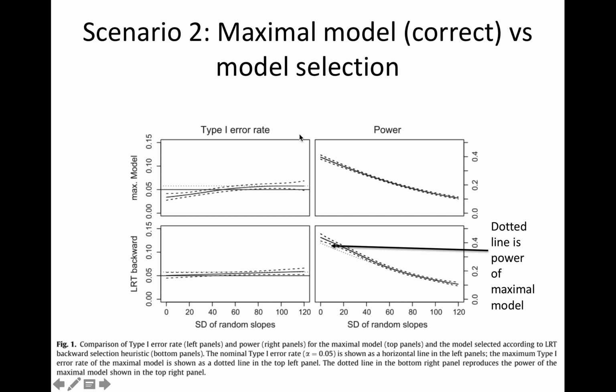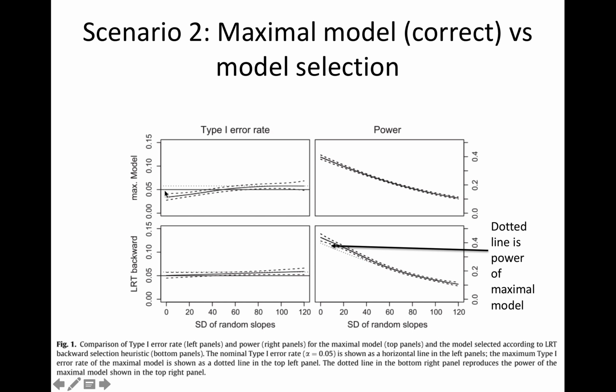So this is the second scenario, the maximal model, which is correct, versus model selection. So here they used the likelihood ratio test to choose the best model, going from the full model all the way to the model with random intercepts and that 0.2 threshold. And I'll show you which models it chose. So we have the maximal model on top, and then the bottom is the likelihood ratio test, backward model selection.